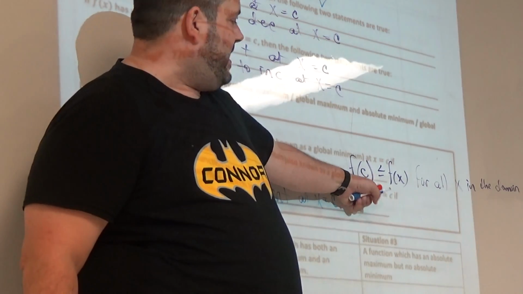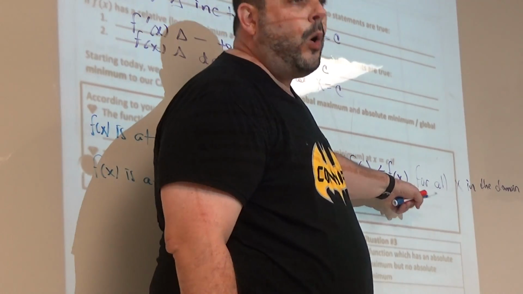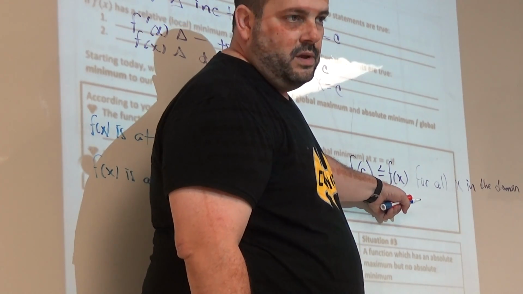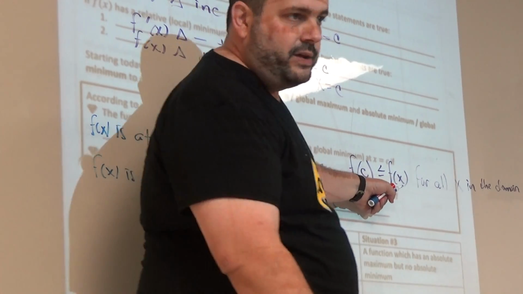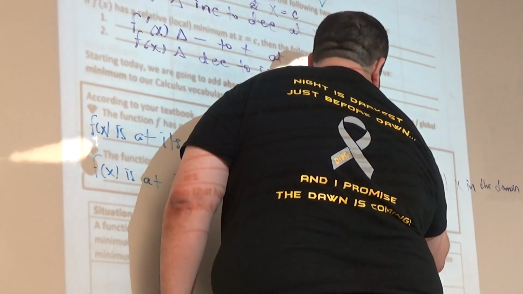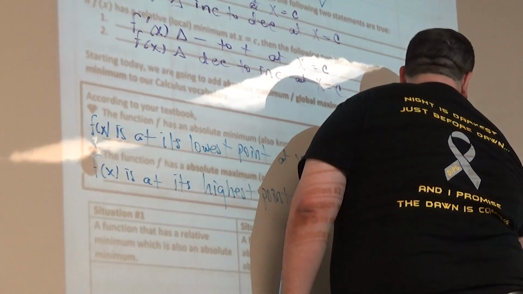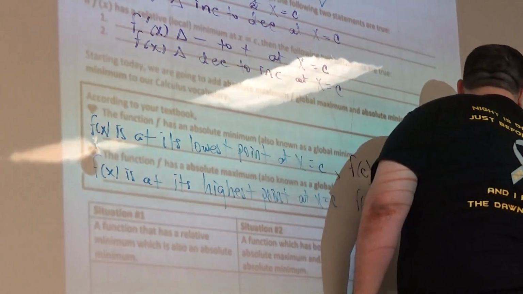So the y value at this special value of c is less than or equal to all the other y values. It's the smallest of all your y values. Over here we would say f of c is greater than or equal to f of x for all x in the domain.